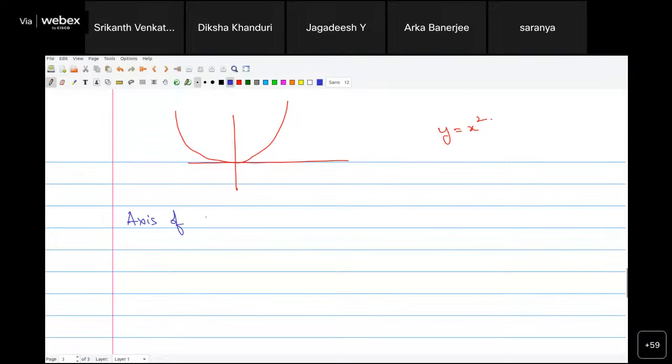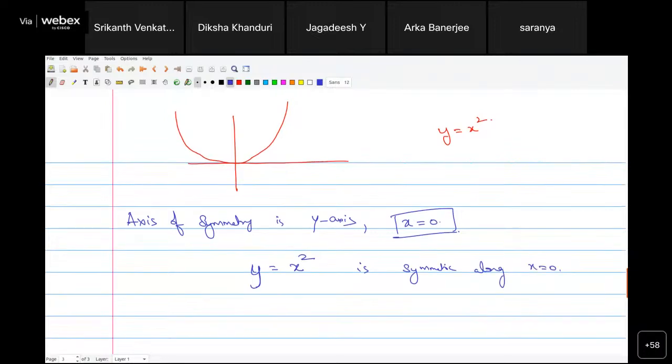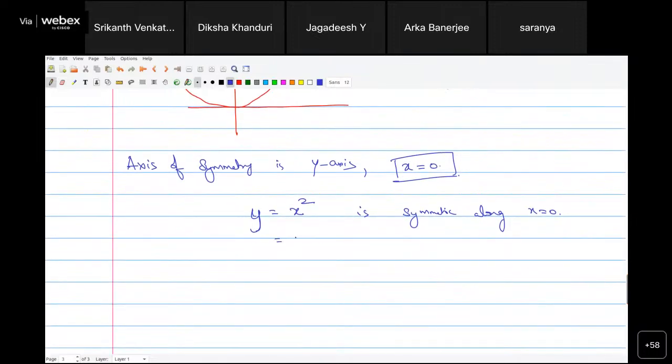Sir, the y-axis. Yes, the y-axis. And the equation of the y-axis is x equals 0, correct? Now you see y equals x square is symmetric along x equals 0. Observe this: I am writing this x square as x minus 0 whole square.